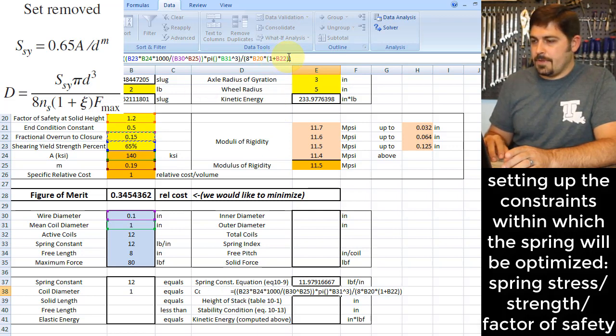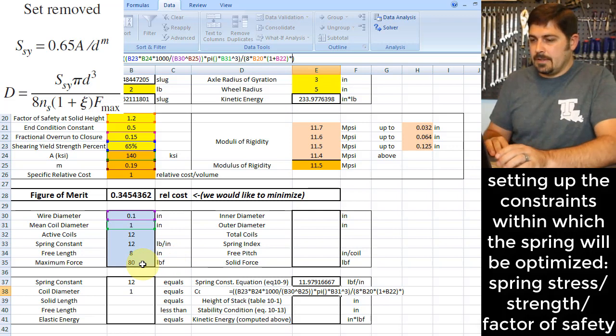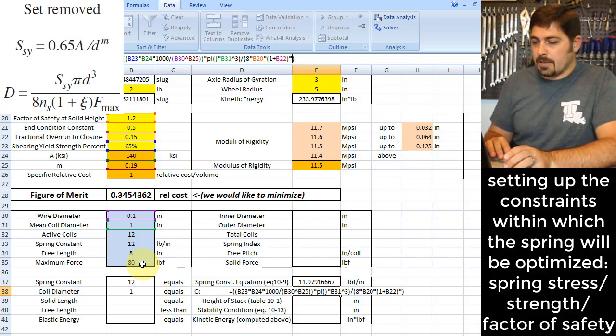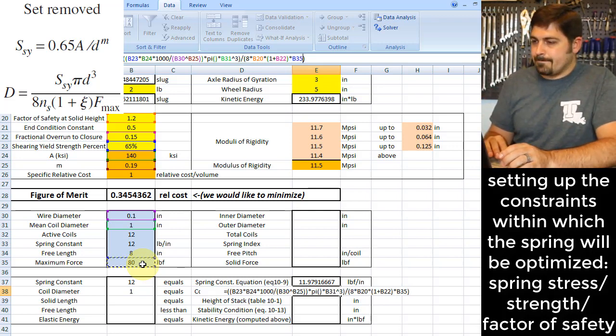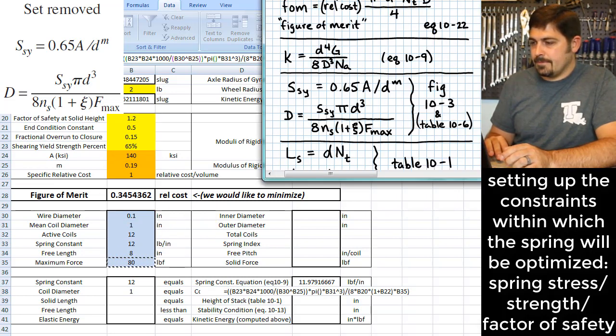And then all of this is going to be multiplied by the maximum force that the spring has to carry when it's at its maximum expected working compression, the amount of deflection. Okay, let's make sure that we've got all of those in there correctly.